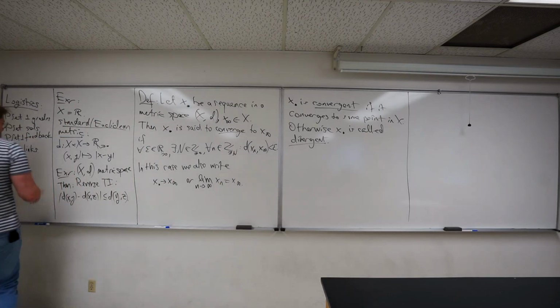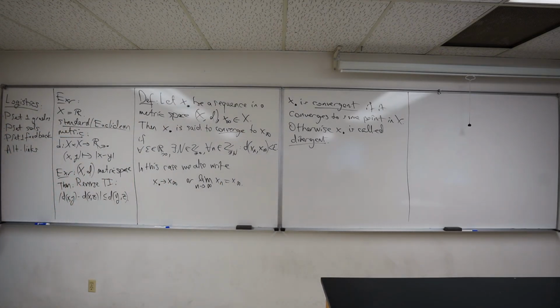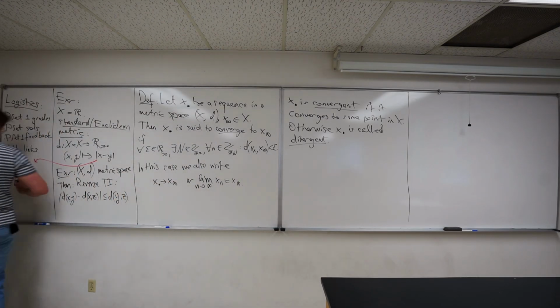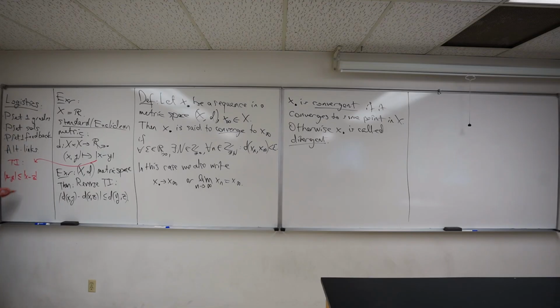If you write it for this specific function, it looks like this: x minus y in absolute value is dominated by x minus z in absolute value plus z minus y in absolute value.